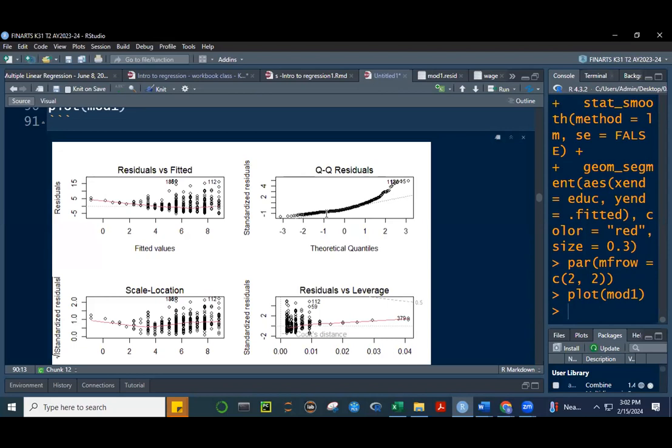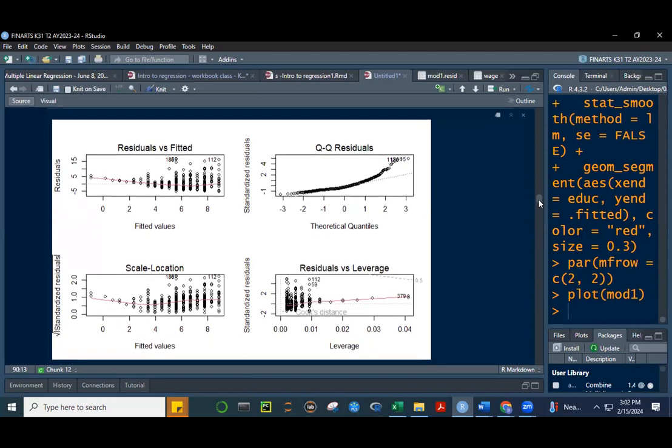If the points here are very close to this dotted line, then it indicates that the residuals are normal. This has something to do with the assumption that the residuals should be normally distributed. But as I said before, that's the least of the requirements that we're interested in.